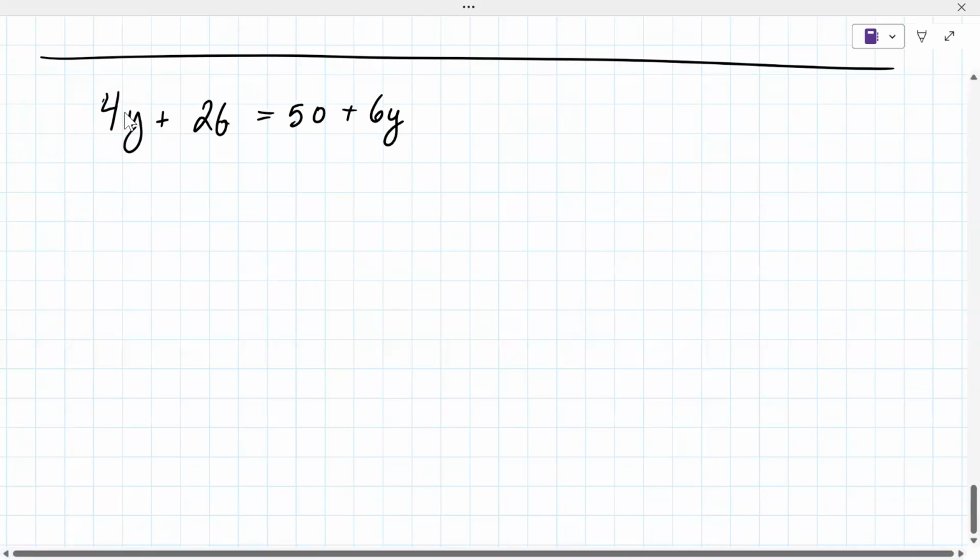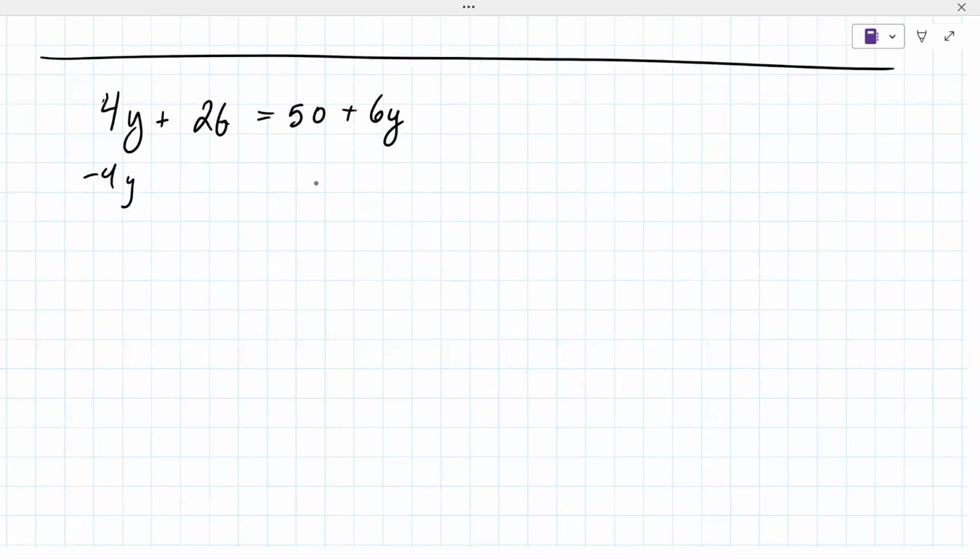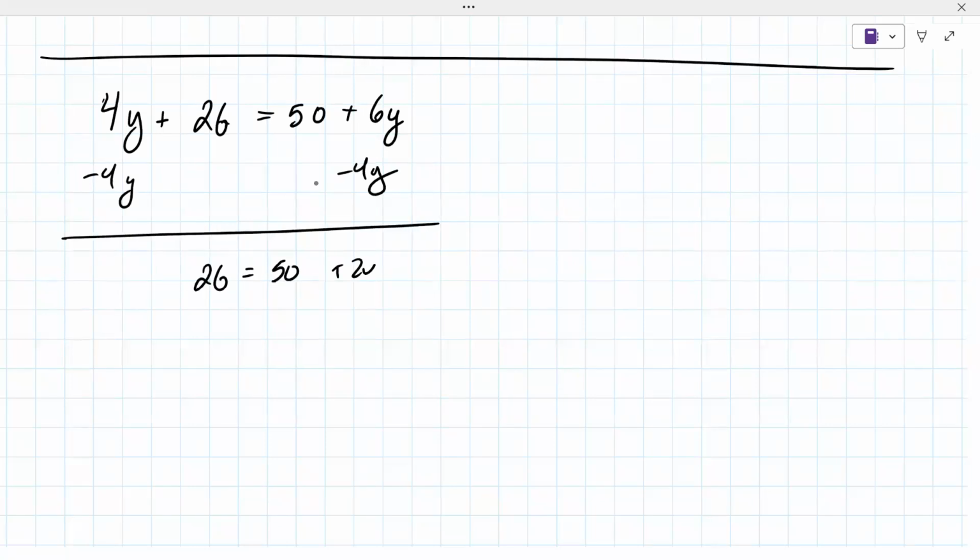When you're writing it down, ask yourself, is it 4y or 6y? Which way am I going to move it? Which one is smaller? 4. Yeah. So you're going to move that to the right. All right, so keep going from here. See if you can solve this, please.